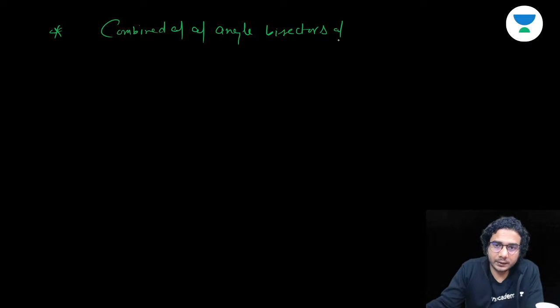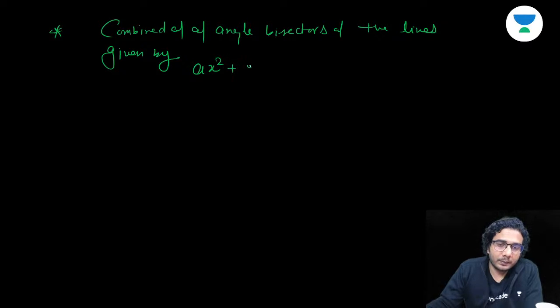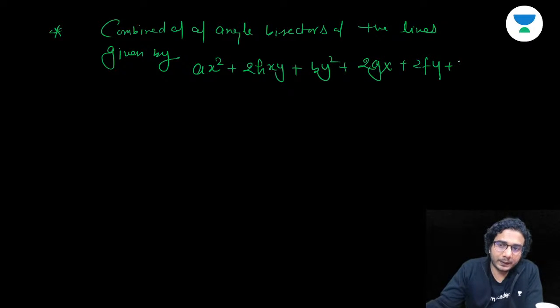Now, the combined equation of angle bisectors of the lines given by ax square plus 2hxy plus by square plus 2gx plus 2fy plus c equal to 0.